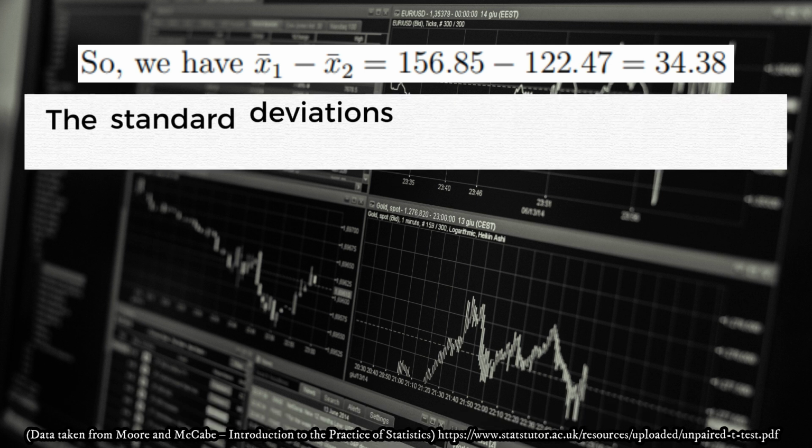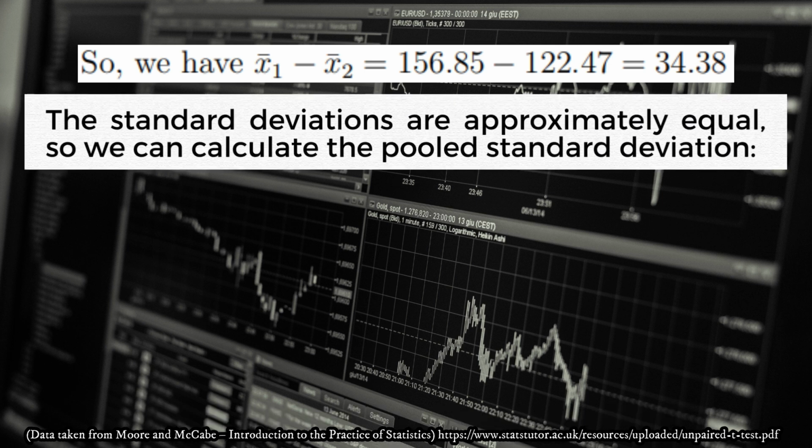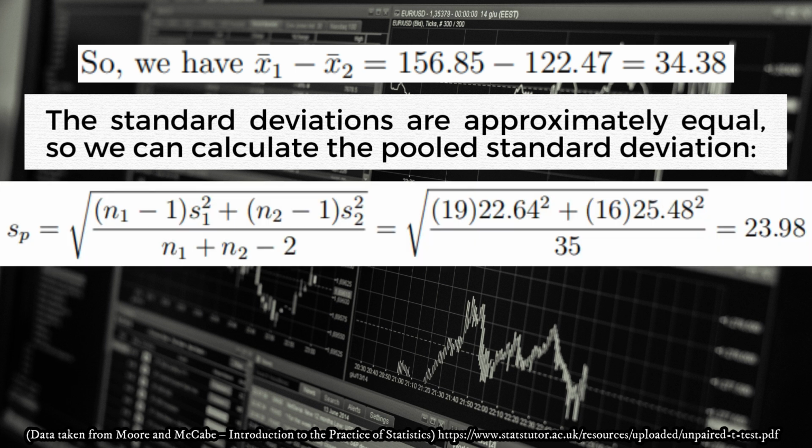When the standard deviations are approximately equal, we can calculate the adjusted standard deviation, or the combined standard deviation. We are going to put our mean and standard deviation scores into the formula, and with the help of this formula we are going to get the value of t for the small sample independent t-test.